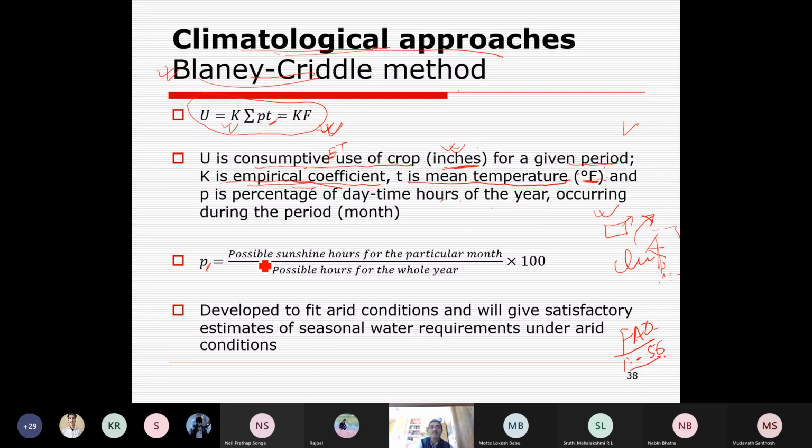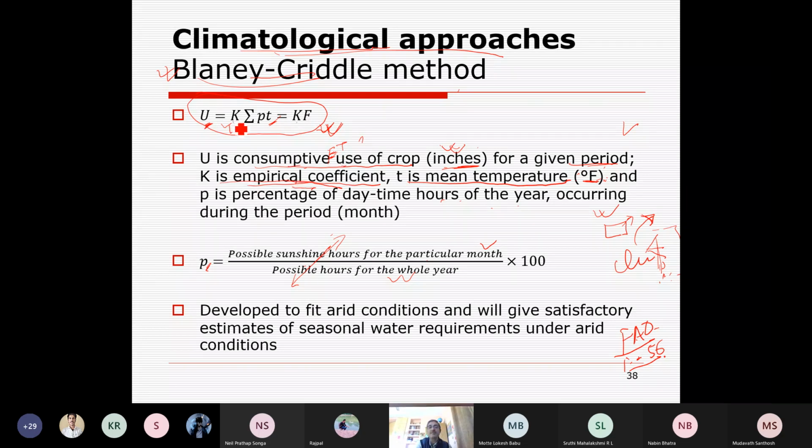We can estimate the possible sunshine hours for a particular month, well defined for a latitude and longitude condition, and the possible hours for the whole year. Both are possibilities. There is no consideration of cloud cover, because sunshine hours get affected by cloud cover. In that way, this gives the simple idea about consumptive use of water by the crop in inches.